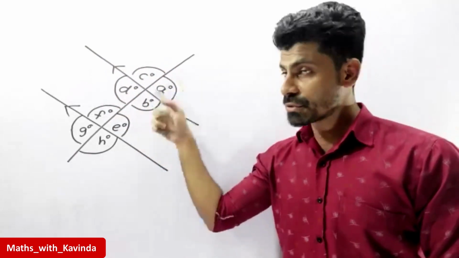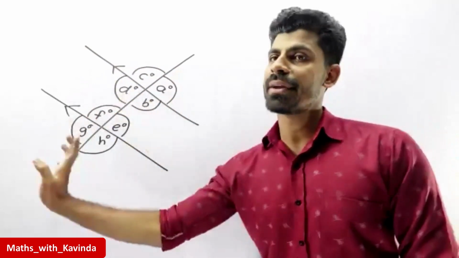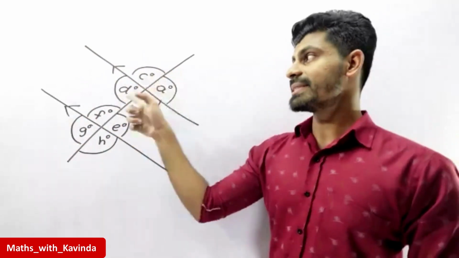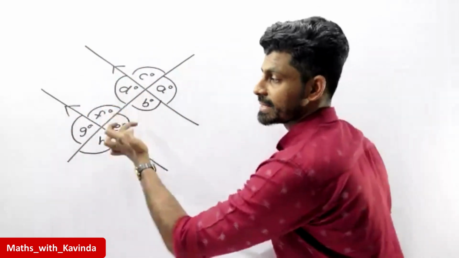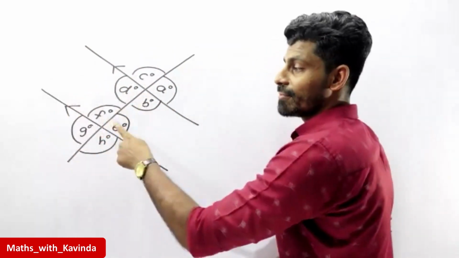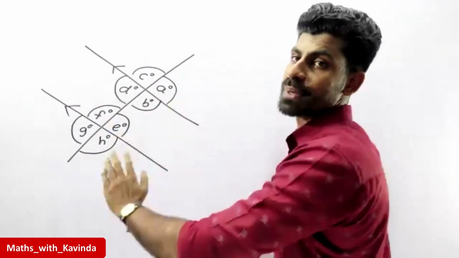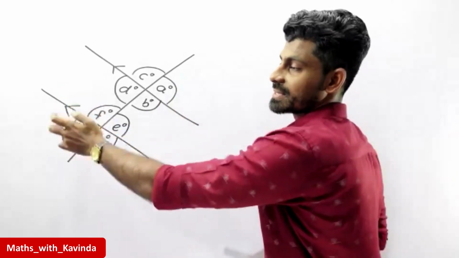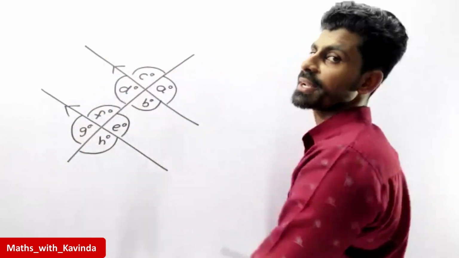A plus B equals 180. B plus D equals 180. D plus C equals 180. We can also consider F plus E equals 180, E plus H equals 180, H plus G equals 180, F plus G equals 180.